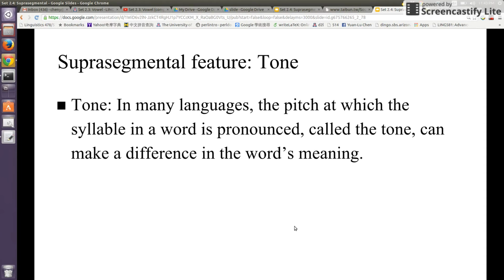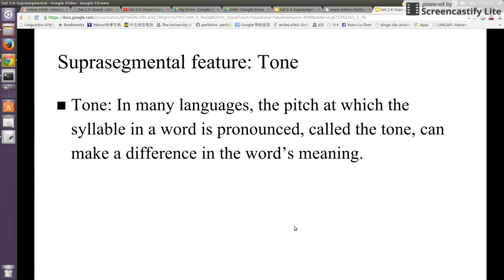The third one is more interesting, tone. In many languages, the pitch at which a syllable in a word is pronounced, called the tone, can make a difference in the word's meaning.